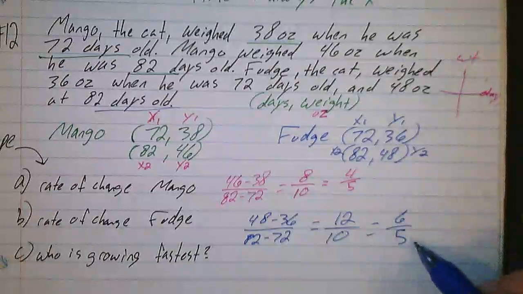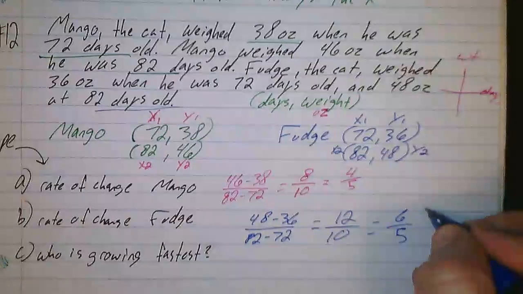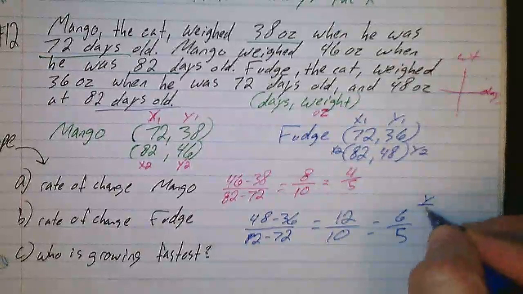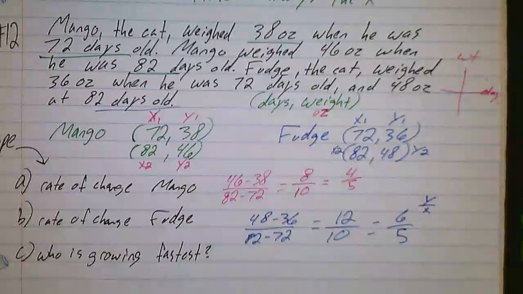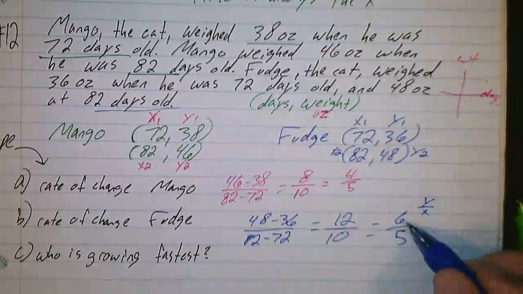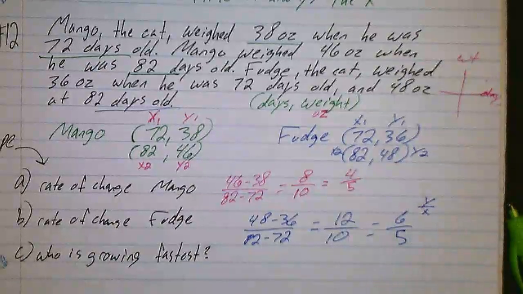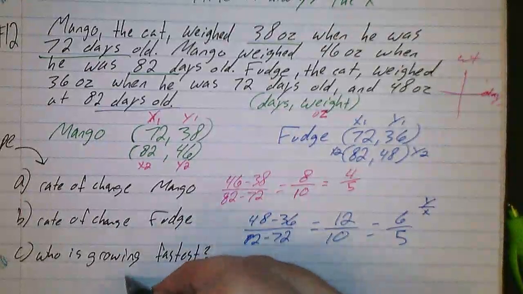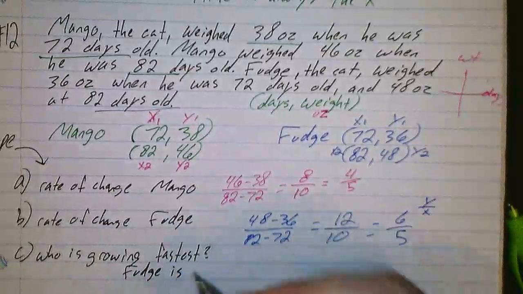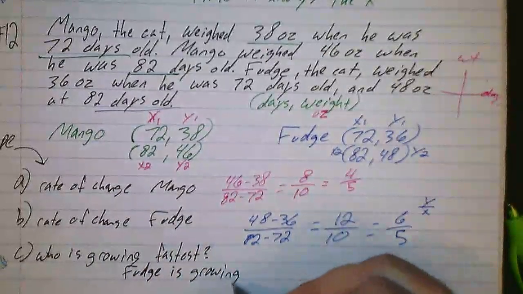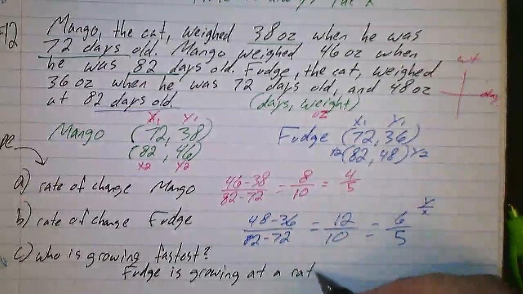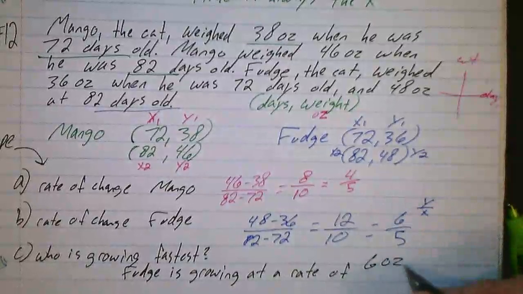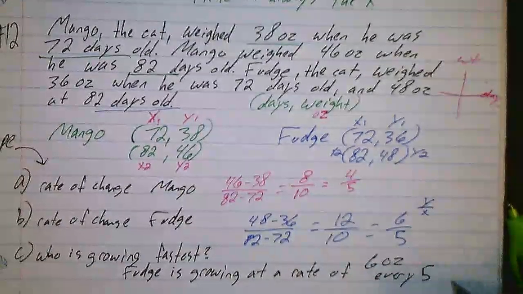So again, it's vertical over horizontal. That's how we can think about slope, or the change in our y over the change in our x. So weight is the y. So Fudge is gaining 6 ounces every 5 days. So who is growing fastest? Fudge is growing faster at a rate of 6 ounces every 5 days.